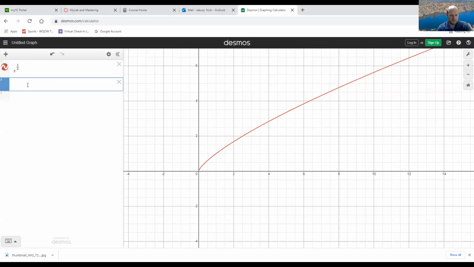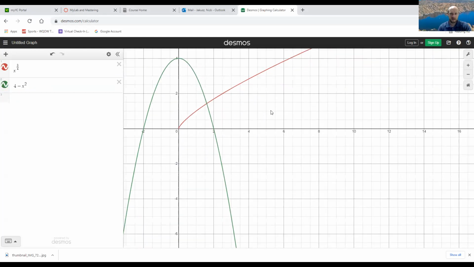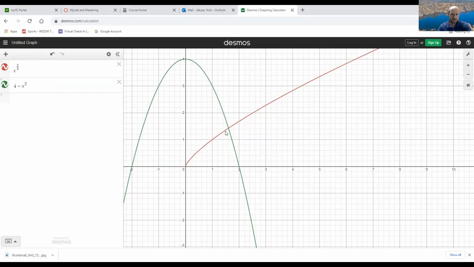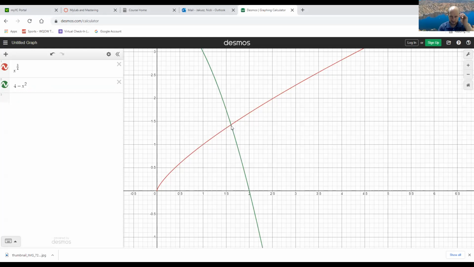And then 4 minus x squared. And we have a solution there. And that solution, let me zoom in, is where they intersect. And it's right there. So I got 1.604.